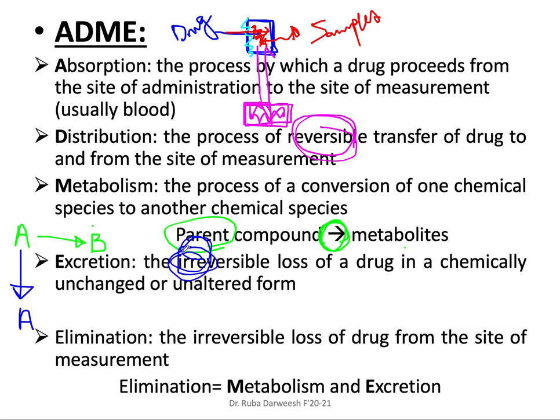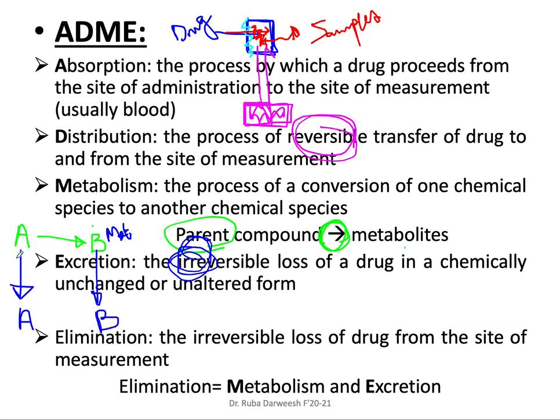The question that we usually ask ourselves: do we have an excretion for the metabolite? Let's say we have one metabolite for the drug. Do we have excretion for it? In other terms, do we have irreversible loss of the metabolite from the body? Yes, we have.